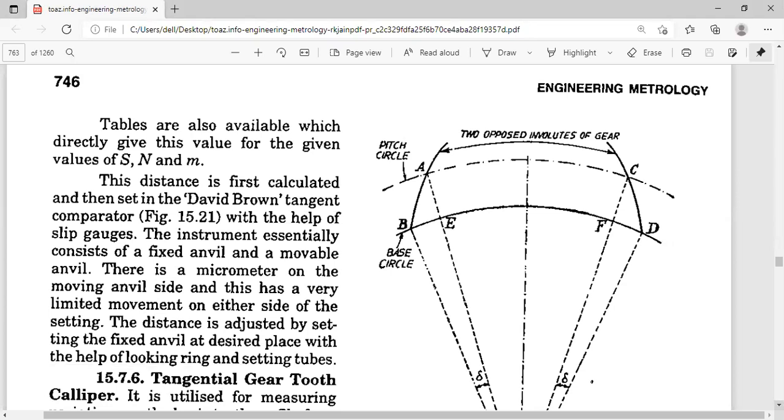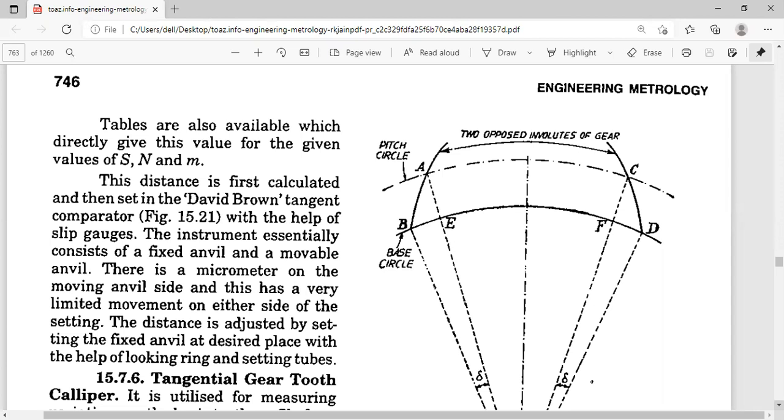Okay. So this particular distance, just like you're setting the slip gauge 2.6 value between the sensitive tip and the fixed measuring tip, this particular distance you have calculated, you set in the David Brown tangent comparator with the help of slip gauges also, because you have to use the slip gauges for calibration and most of the lab purposes in the metrology lab.